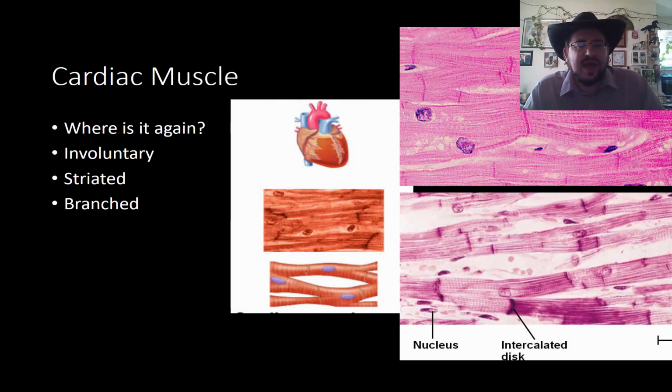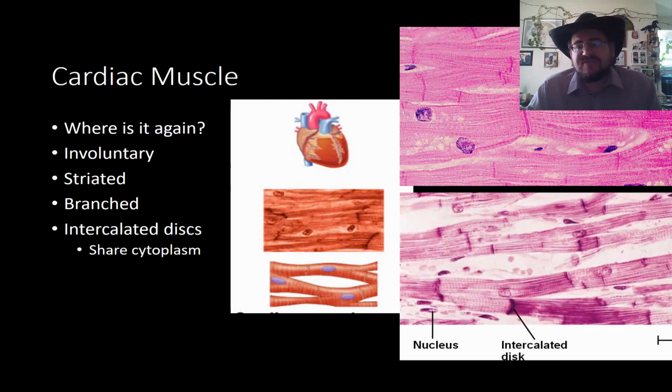Cardiac muscle is also highly branched. So we get branched out structures. This is contrasted with skeletal muscle, which doesn't show these branched structures. And finally, we have the presence of intercalated discs between muscle fibers, muscle cells. So remember, muscle fiber is the same as muscle cell.